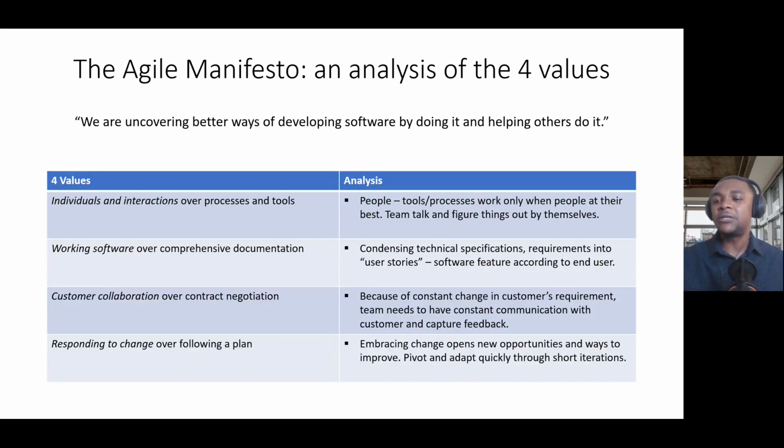All right, so let's dive into some analysis on the 4 values of the Agile Manifesto before we dive into the 12 principles. Like I said, we have the 4 values that make up the Agile Manifesto, and then we have the 12 principles tied together on the Agile Manifesto. My idea about the Agile Manifesto is just to explain in such a way that it becomes easier for you to grab and then to implement, because knowledge without application is a waste, right?